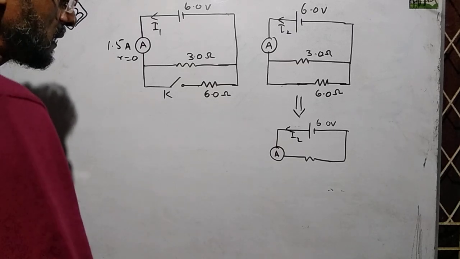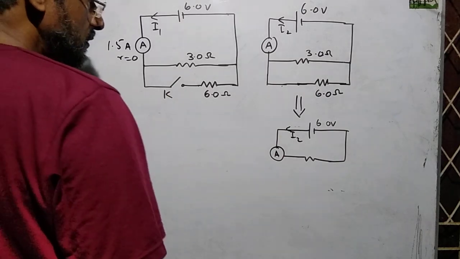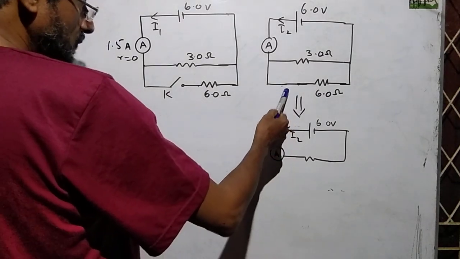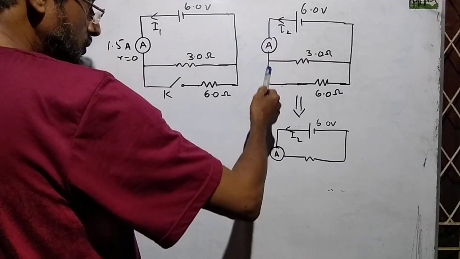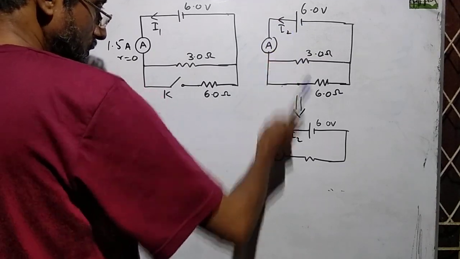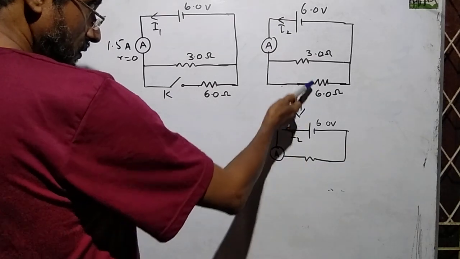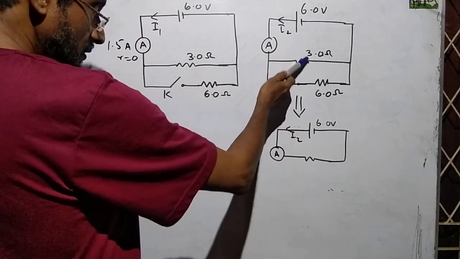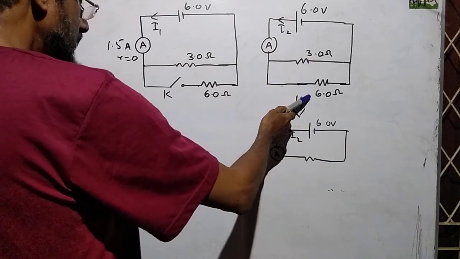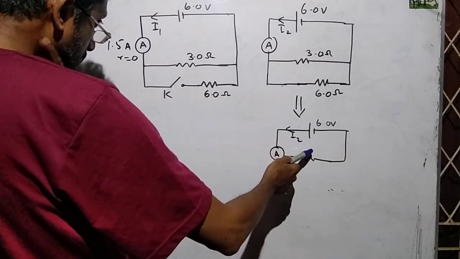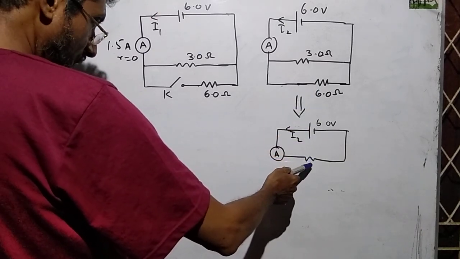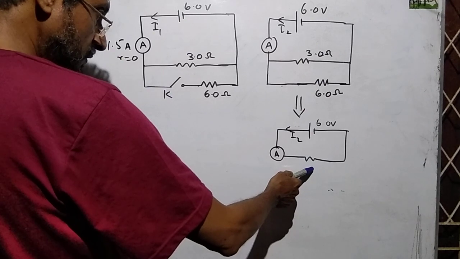The problem is, after closing the K switch, the current through the ammeter is I2. I consider these two parallel resistors. The equivalent resistor can be applied for this point.